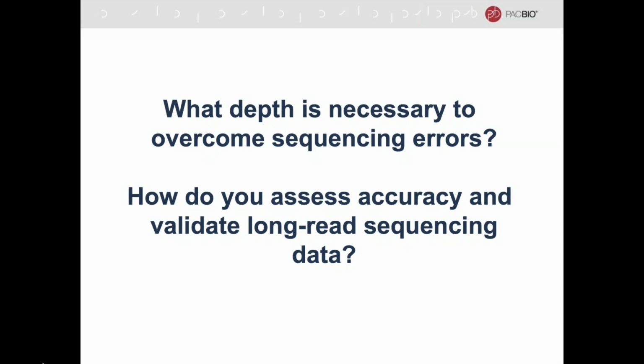But if the error rates are as low as a corrected PacBio read based on the existing technology, you could hopefully expect to see similar results with a similar coverage. So I think we could probably get a similar genome quality with 20 to 30x coverage of HiFi, as opposed to, we like to start out with about 90x coverage of the uncorrected subreads. So I think that would drastically reduce the requirements there.